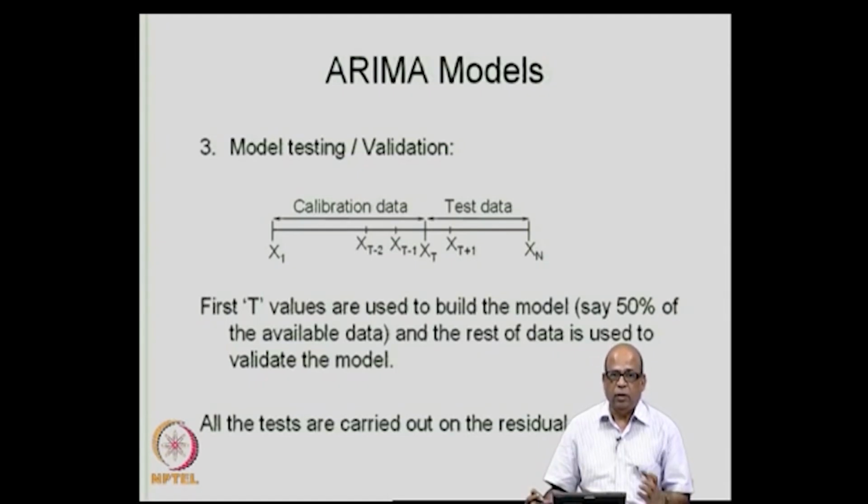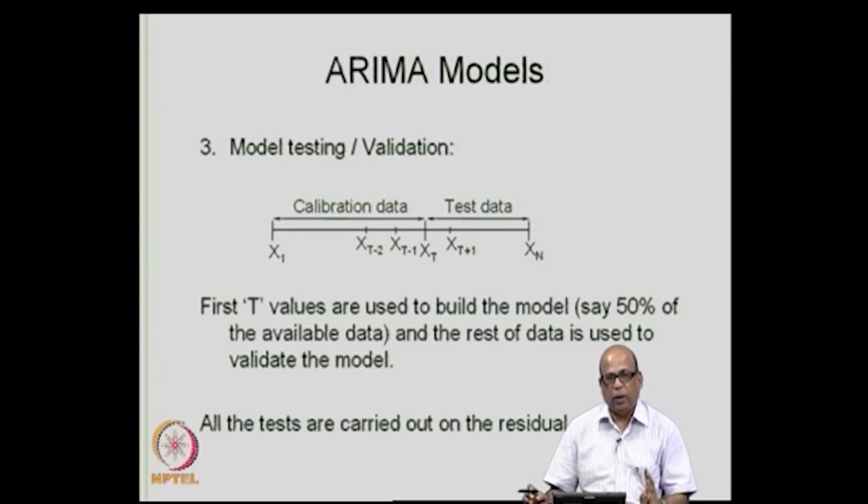What are the tests? If you recall, when we formulated these models, we wrote the residual or noise term E t and said that the noise term should have a 0 mean. That is the first assumption of the model. Next, that it should be devoid of periodicities and it should be uncorrelated.